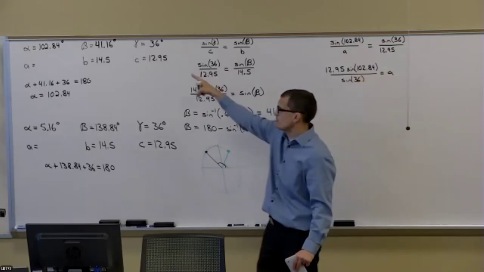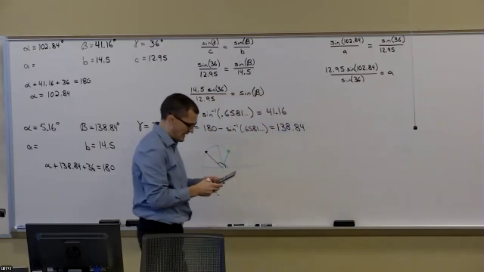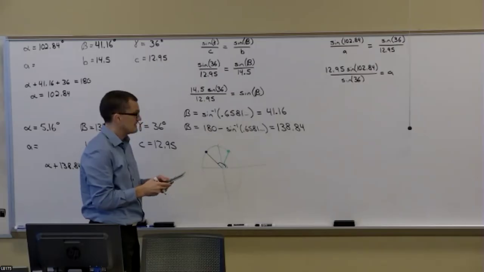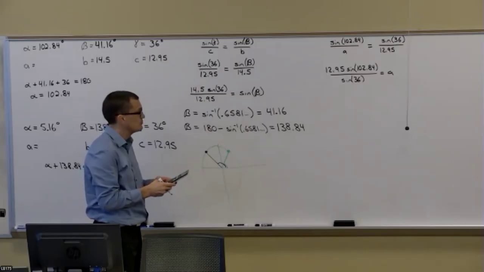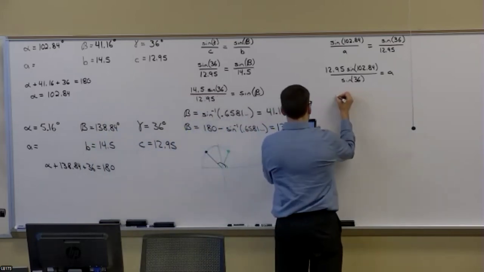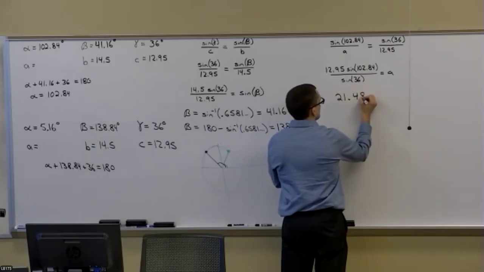So on that top triangle, the first one, I take 12.95 times the sine of 102.84 and divide it by the sine of 36. So for that top triangle, I get an A of 21.48.